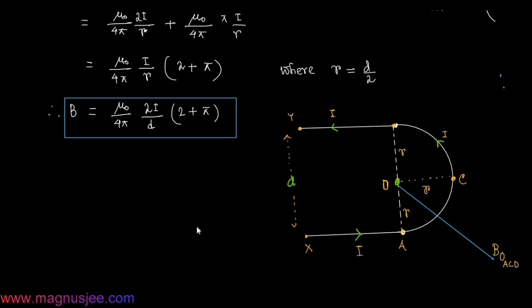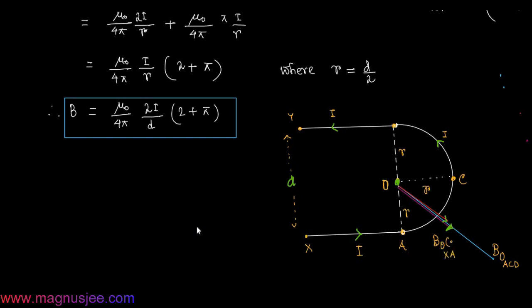Now the magnetic field induction at O due to the semicircular wire ACD is BOACD, acting outwards. Similarly, the magnetic field induction at O due to the long straight conductor XA is BOXA, which is also acting outwards, and the magnetic field induction at O due to the long straight conductor DY is BODY, also acting outwards.